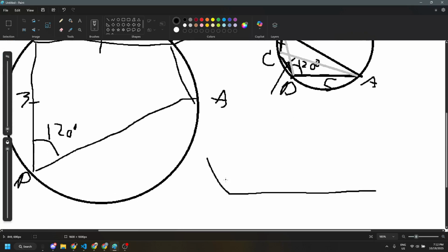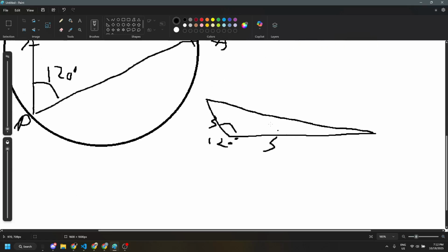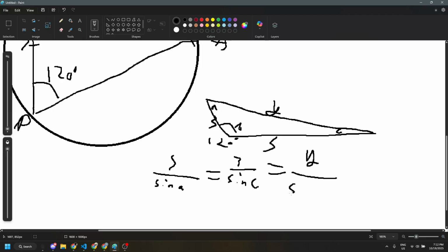If we have this thing right here with 120 degrees, 3, 5, I believe we can use the law of sines and cosines to find that out. If we call this A, B, and C, we know that 5 over sine A is equal to 3 over sine C is equal to, let's call this y, y over sine of 120.